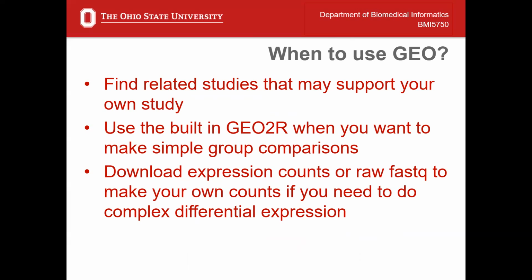If you have a simple comparison to make, you can use the built-in GEO2R group comparisons to check a gene out. Or if you want to download expression counts or raw FASTQs to make your own differential expression analysis, you could do all of these things through GEO. And also, if you have your own data set and you want to make it publicly available, you can do that through GEO.